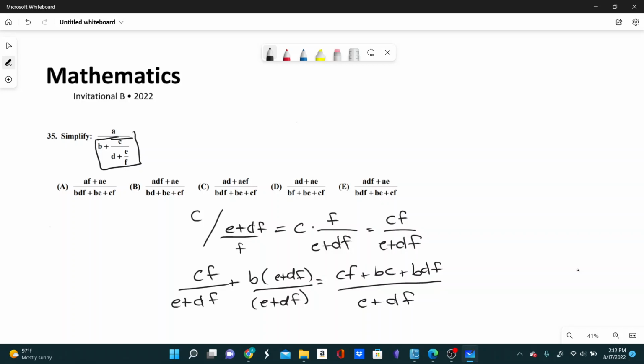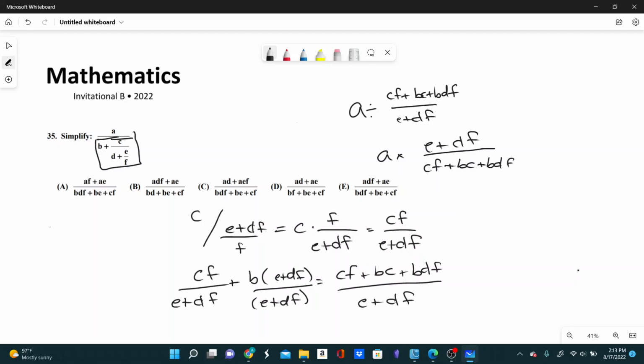And so now it's just A divided by this. So it's going to be A divided by CF plus BE plus BDF all over E plus DF. Or you can think of it as multiplying by the reciprocal. It's going to be A times E plus DF over CF plus BE plus BDF.